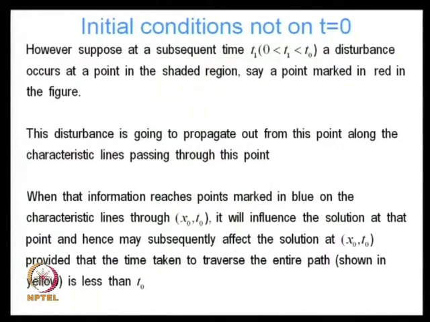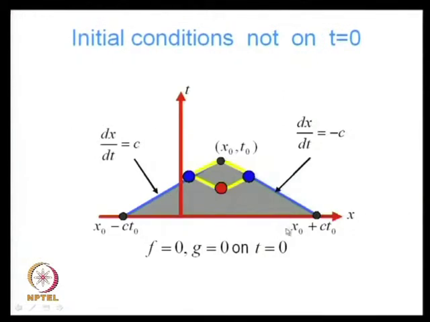When that information reaches points marked in blue on the characteristic lines through x0, t0, it will influence the solution at that point. So, once this disturbance propagates to these points, it is going to influence the solution here, right.